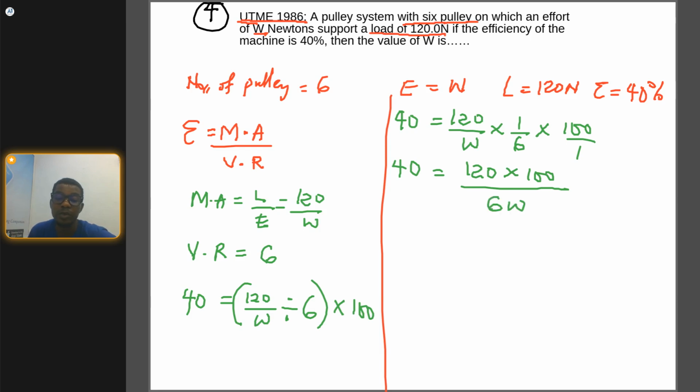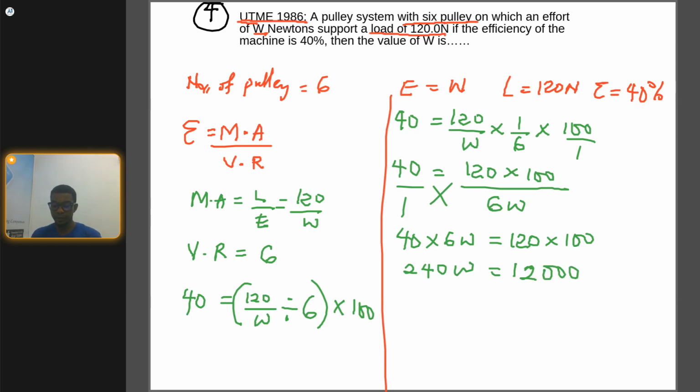It is 6W. So by cross multiplication, we have 40 times 6W equals 120 times 100. 40 times 6W is 240W, equals 12,000.